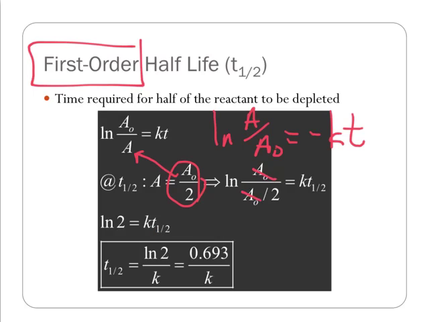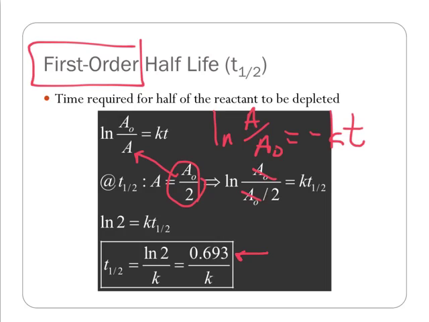Then I can solve this for the half-life. T1/2 is equal to the natural log of 2 over k. And all chemists know the natural log of 2 is 0.693. So, if your reaction is first order, you can quickly find out how long it will take for half of the reagent to go away by simply applying the half-life equation. You'll notice that the half-life value is equal to a number, namely 0.693, divided by the rate constant.